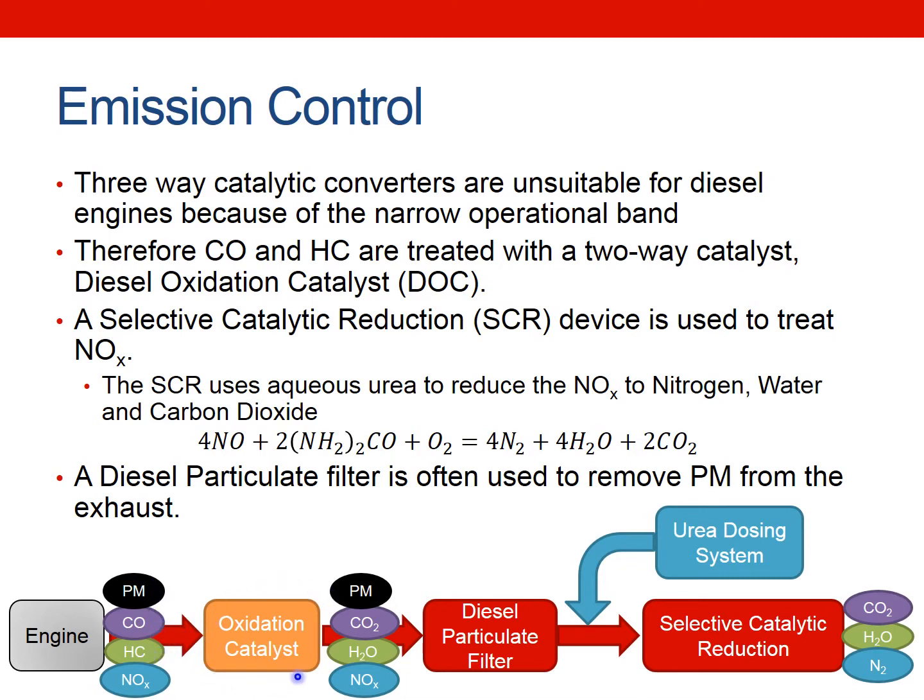Use your diesel oxidation catalyst to oxidize your carbon monoxide and hydrocarbons to carbon dioxide and water. Your diesel particulate filter catches your PMs, and you, as I say, literally spray urea into the exhaust, and that reacts on the SCR, giving you nitrogen, carbon dioxide and water.